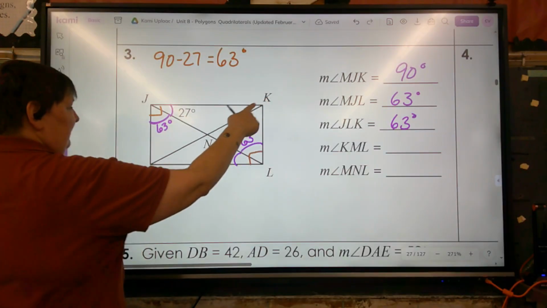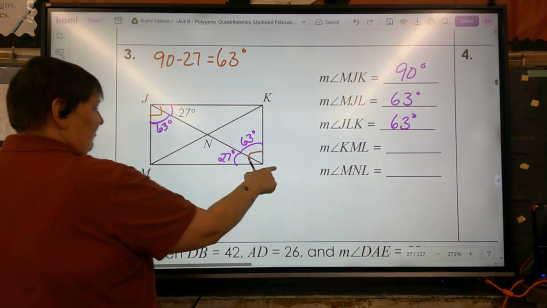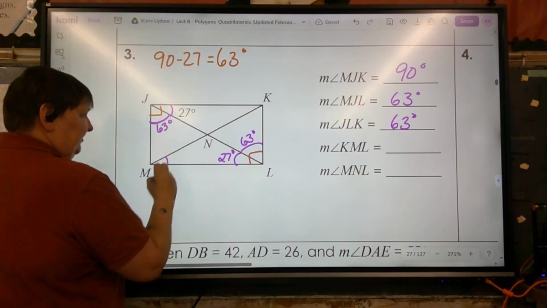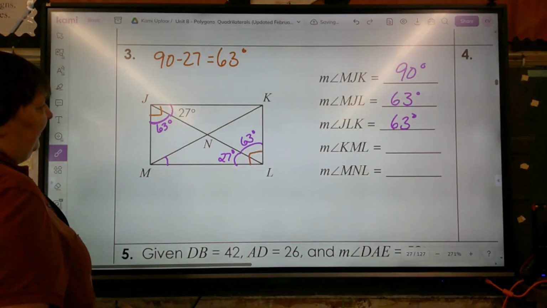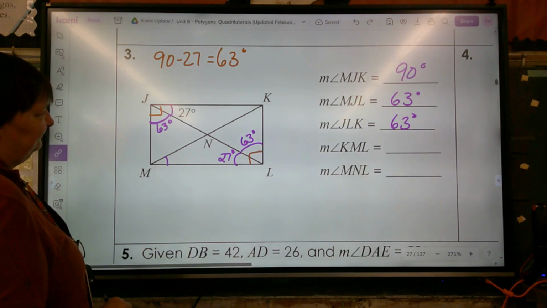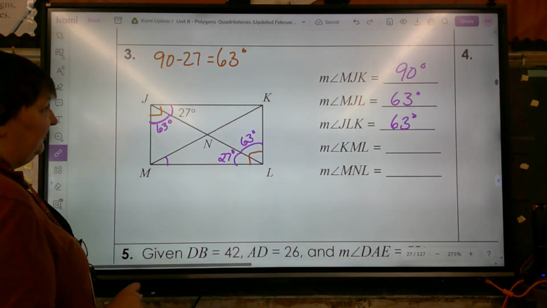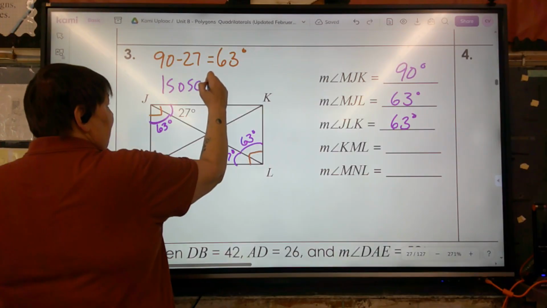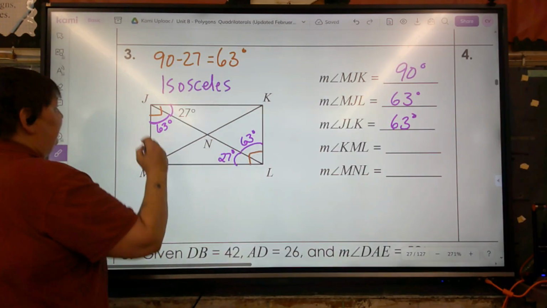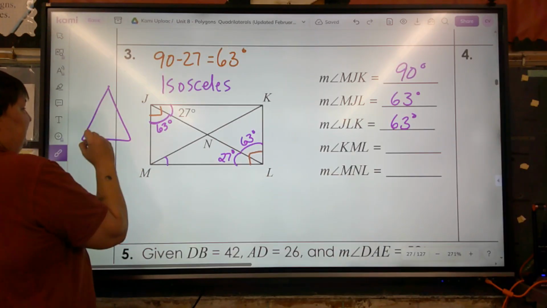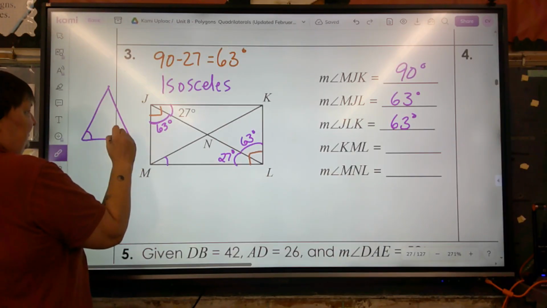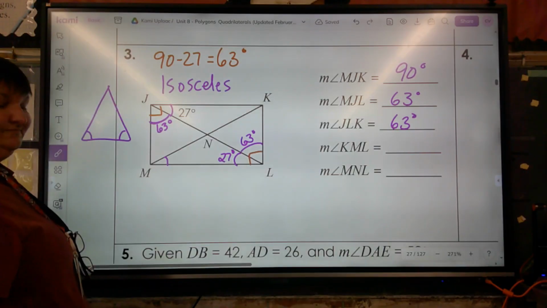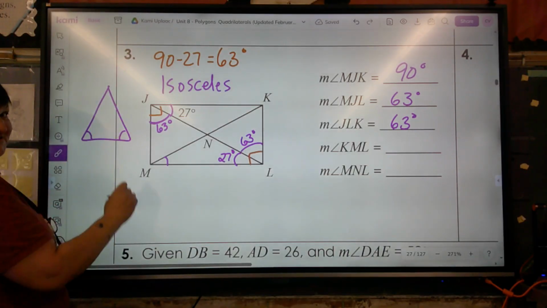KML. So they want to know this one. How can we figure that out? What do we know about these triangles? They're isosceles triangles. And the thing we know about isosceles triangles is that this and this are the same.